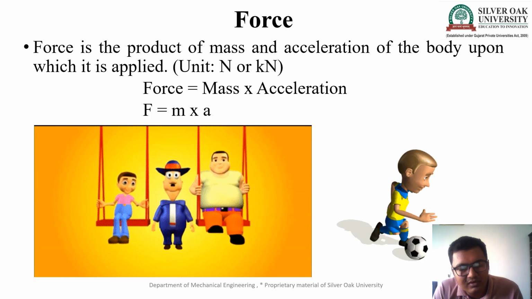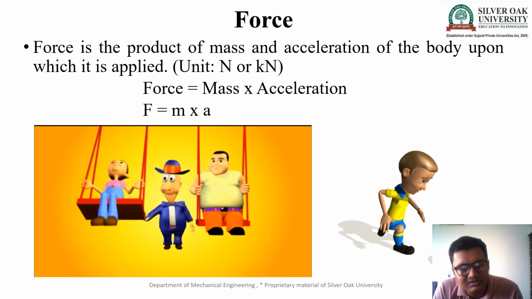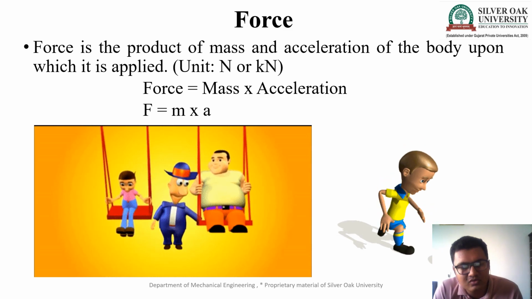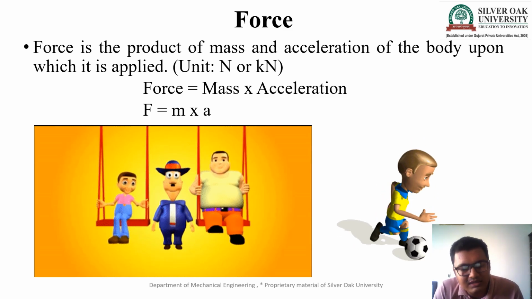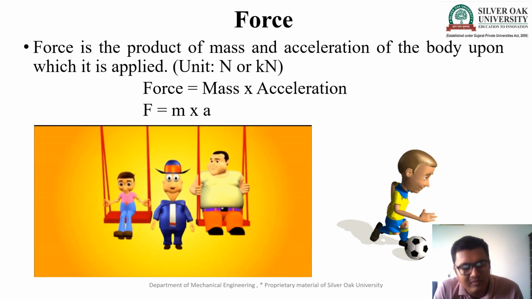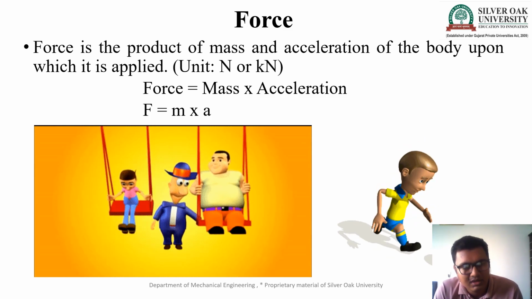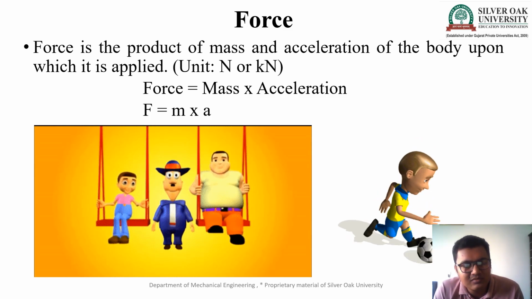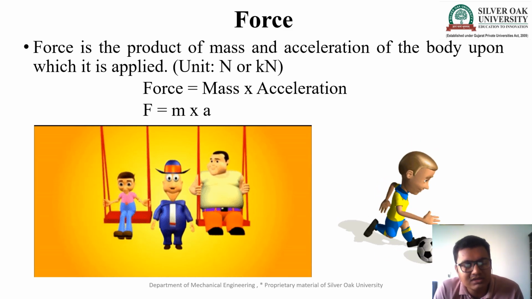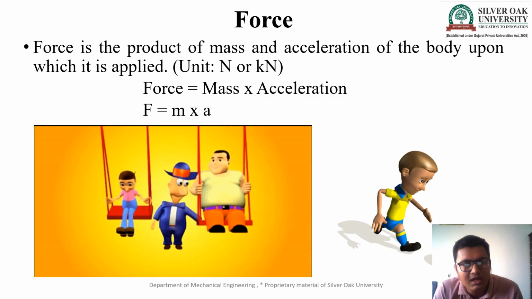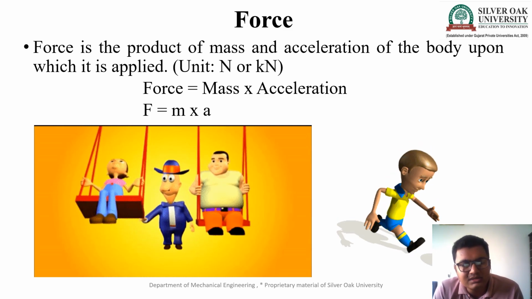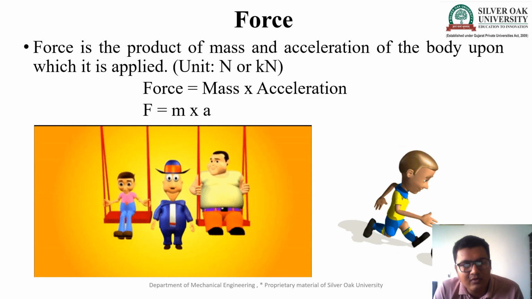Two different masses are sitting on the swings, and one person applies the same force on the two swings. The one with less mass swings more, and the one with more mass swings less. So force is the product of mass and acceleration, that is F equals m into a. So we can easily understand the concept of force from these two figures.